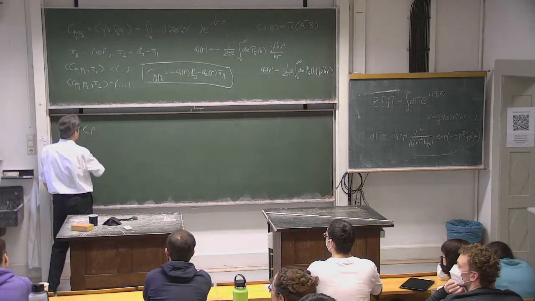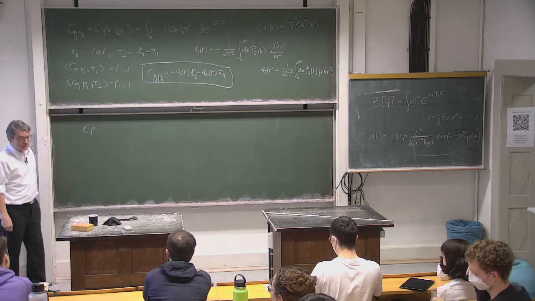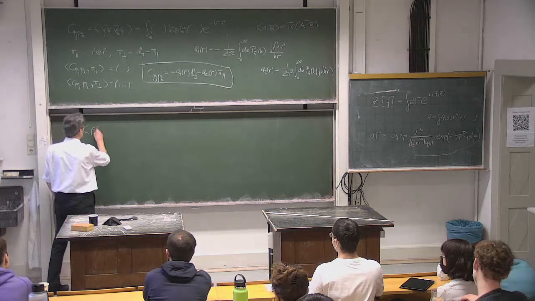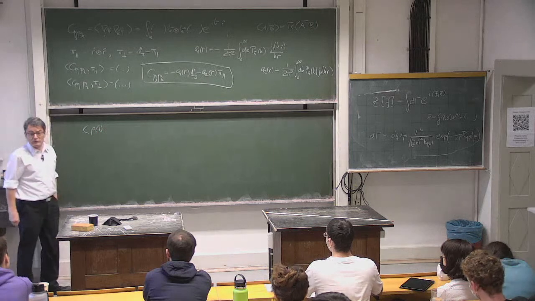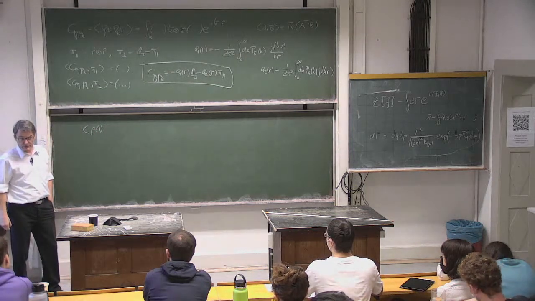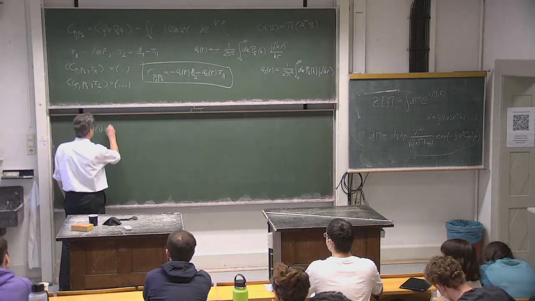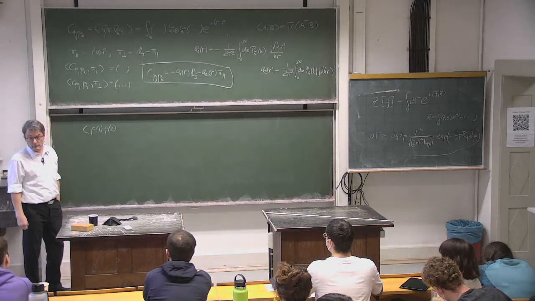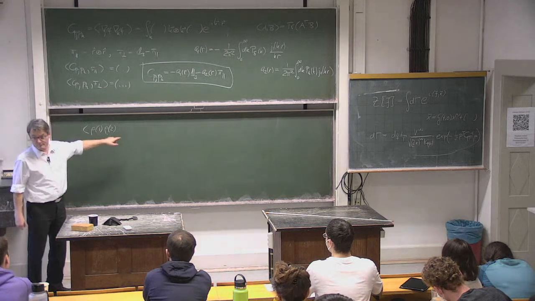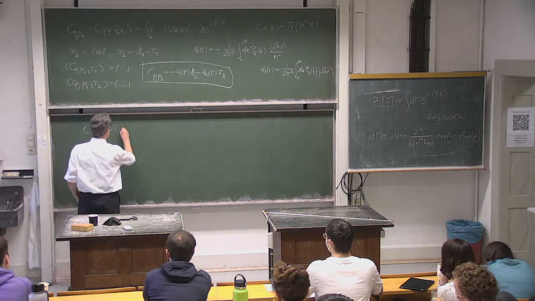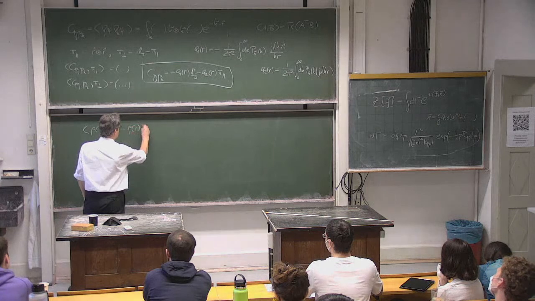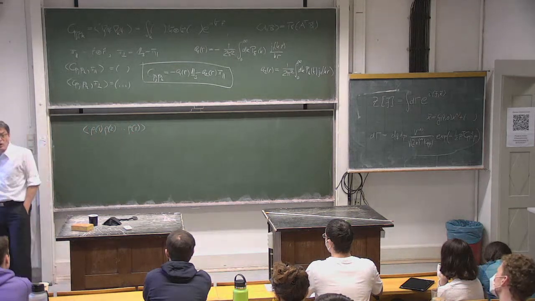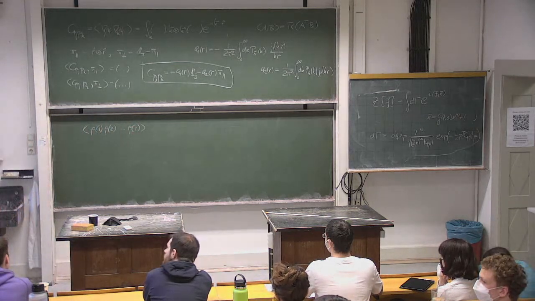So I want to know something like, what is the density at one point and one time? Let me just briefly write this as rho of 1. Density fluctuations, or density at another point, and so on and so forth. I want to know correlation functions of this sort.